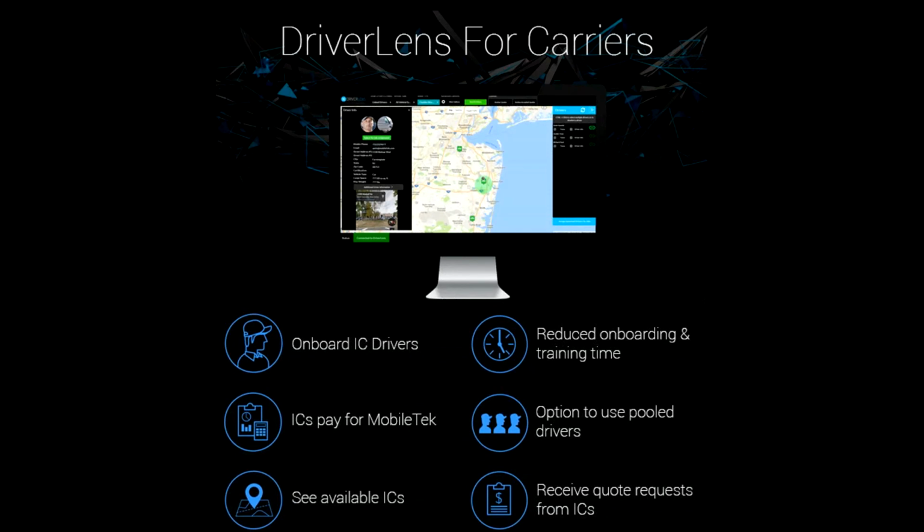You can see where available independent contractors are and who would be a good fit. And in terms of bottom line, you can open up and receive quotes from independent contractors. I'll show you that in a minute, where we could take a job, several jobs, and put that across multiple drivers and receive quotes back from those drivers, in essence helping you go after the better quote and increase your profit margins.